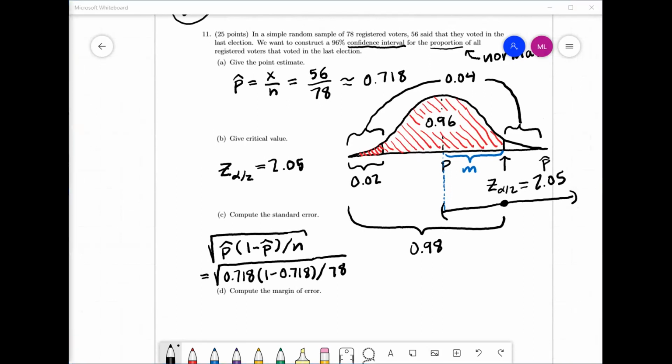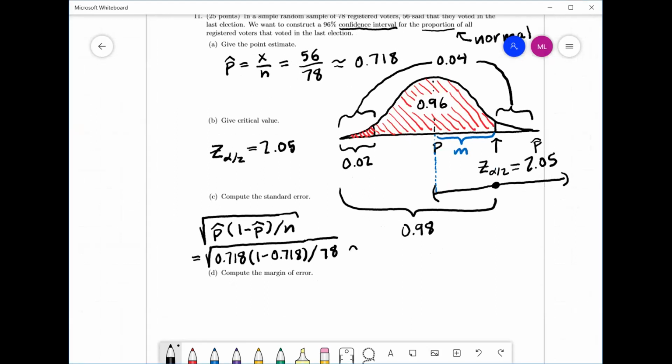I'm going to do a big square root of 0.718 parentheses times 1 minus 0.718, close my parentheses, divided by 78. Hit enter, and it looks like this number is about 0.051-ish if I rounded that to 3 decimal places.